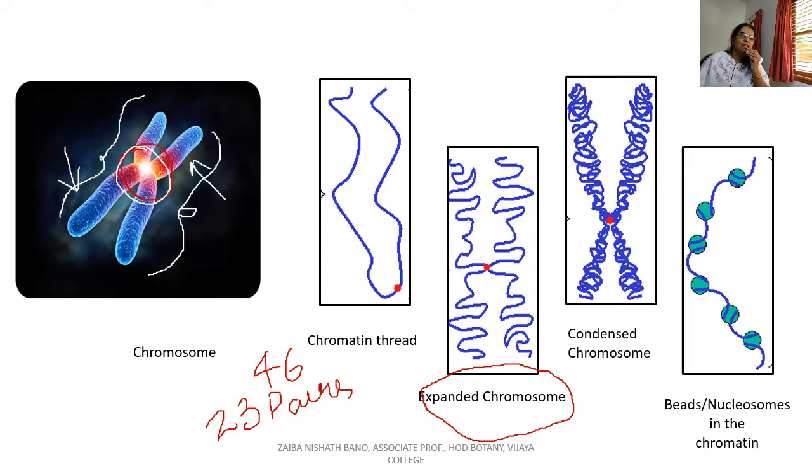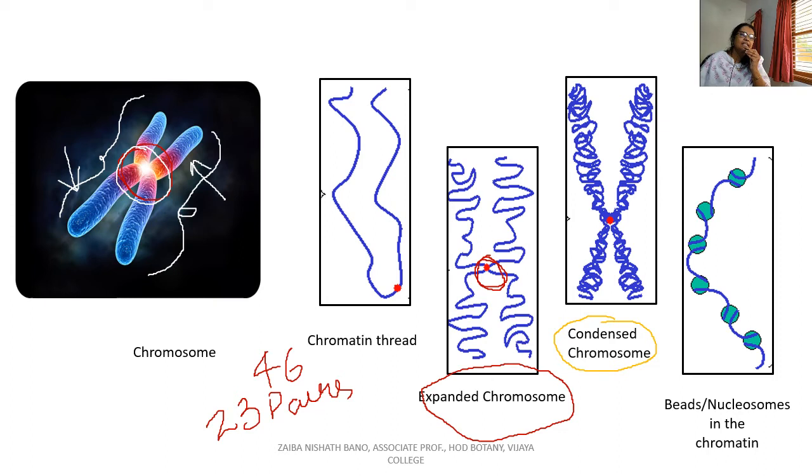See in this expanded chromosome, you can see two threads held together by that orange dot. That orange dot is the centromere. After DNA duplication, you have these two thread-like structures which, on condensation, as in the third diagram, the condensed chromosome, condense highly.